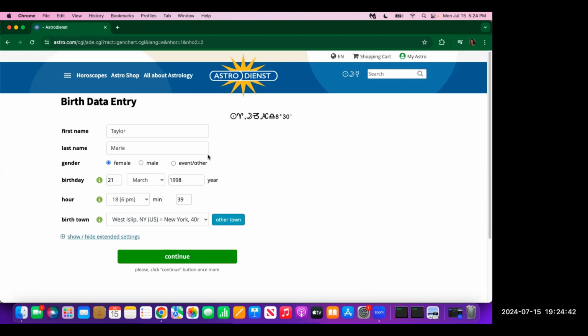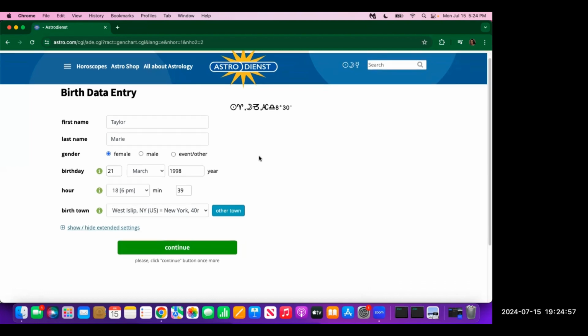That's when you would click event or other, which we could totally do a panel on one of these days. But for now, we'll probably just stick to casting it for ourselves. Just a fun fact while everyone's getting all set up.